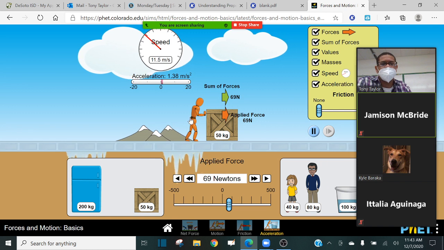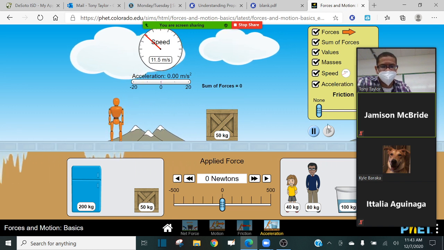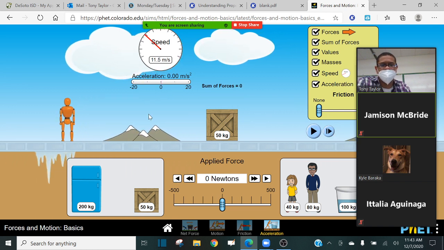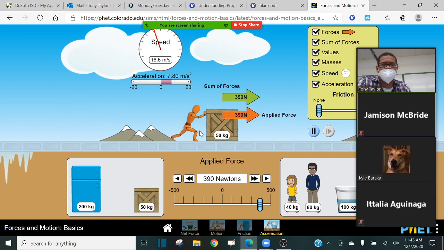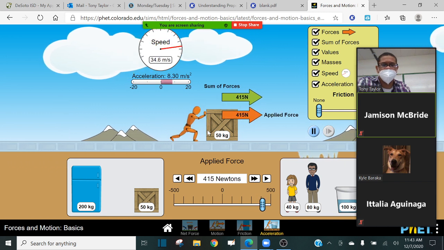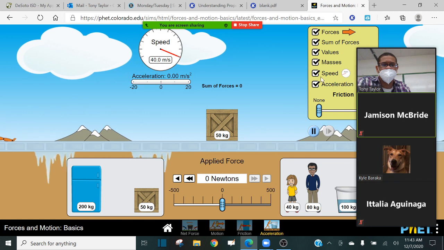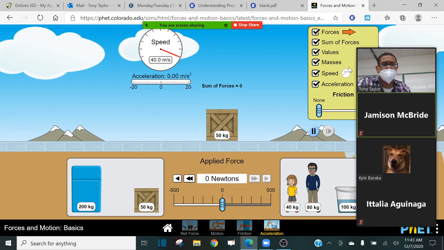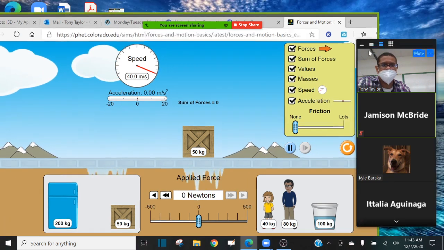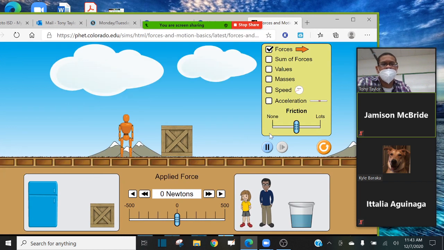But guys, can someone tell me what happened to the acceleration as I increase my force? The acceleration does what? The acceleration gets larger, right? So guys, we call that relationship between acceleration and force a direct proportionality, in that as one increases, the other increases.